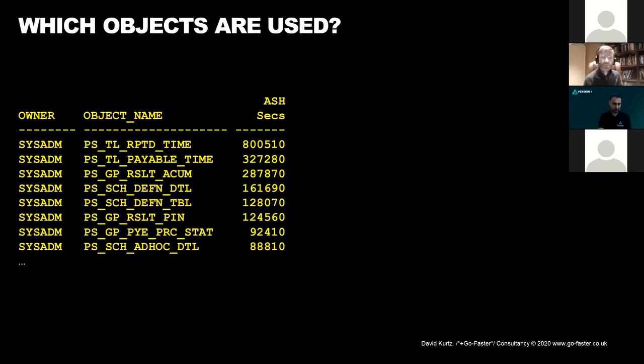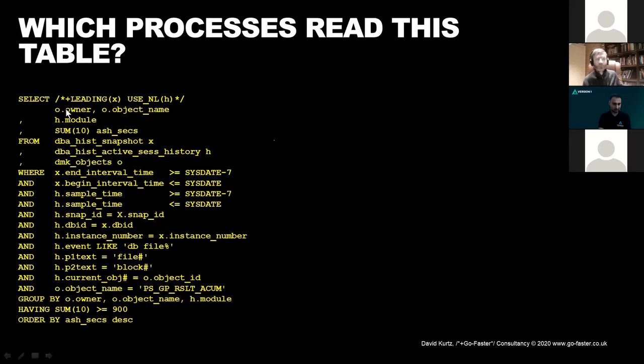But the interesting one actually I'm going to follow is this one. This is the main payroll result table. And we looked at that and we thought, that's odd. That's higher than we expect for a payroll process. So then we said, well, which processes are using this table? So I'll go for DB file operations on object IDs that are inside this table.